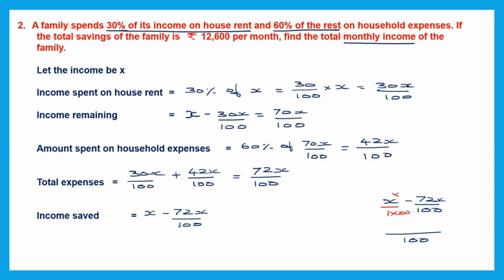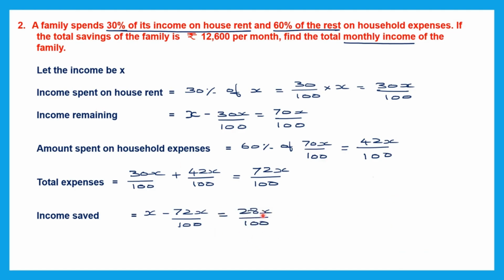So we multiply x also by 100. So we get 100x minus, now here we have 100 in the denominator, same, so we can write the same thing, 72x. 100x minus 72x is 28x, and in the denominator we have 100. So here income saved is 28x by 100.